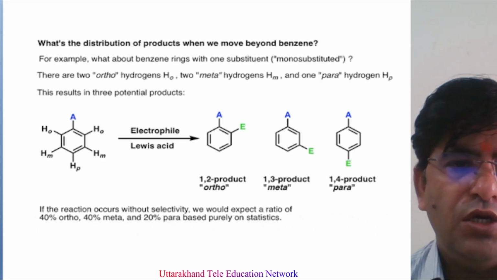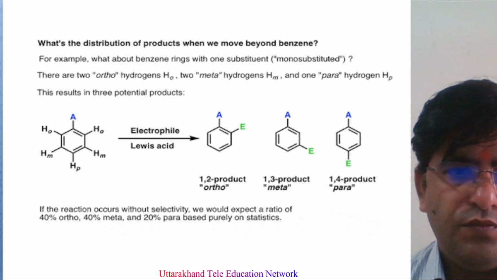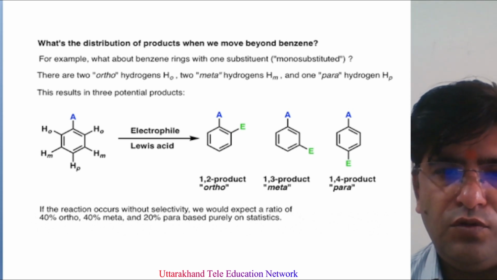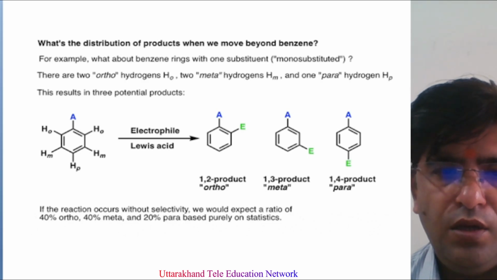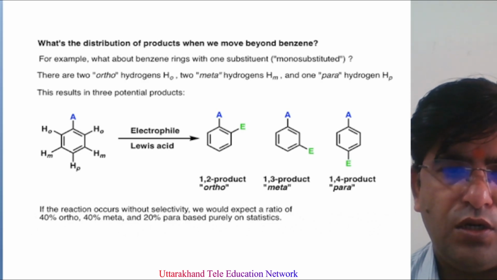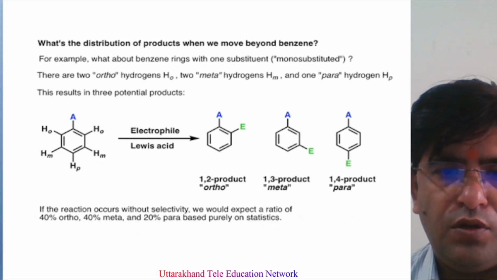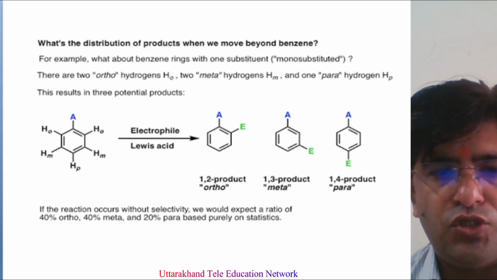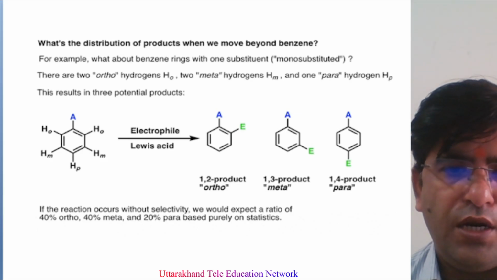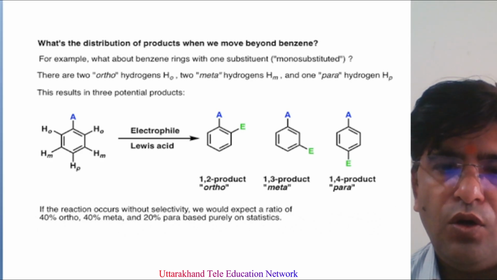This results in 3 potential products: 1,2 product, 1,3 product, and 1,4 product, ortho, meta, and para. And if the reaction occurs without selectivity, we would expect a ratio of 40 ortho, 40 meta, and 20 para based purely on statistics.